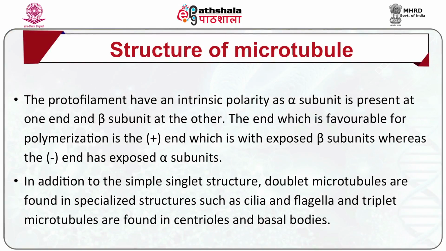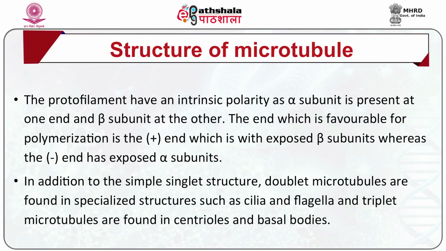The protofilament has an intrinsic polarity, as the alpha subunit is present at one end and the beta subunit at the other. The end which is favorable for polymerization is the positive end, which is the exposed beta subunits, whereas the minus end has exposed alpha subunits.